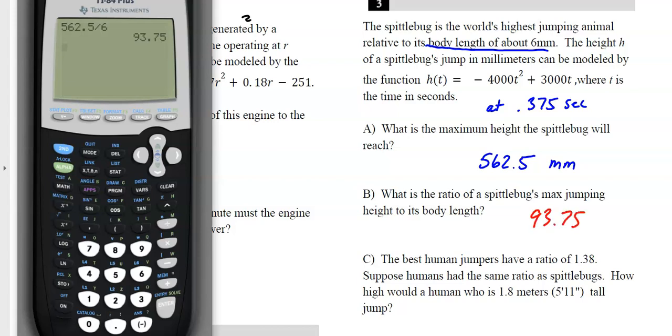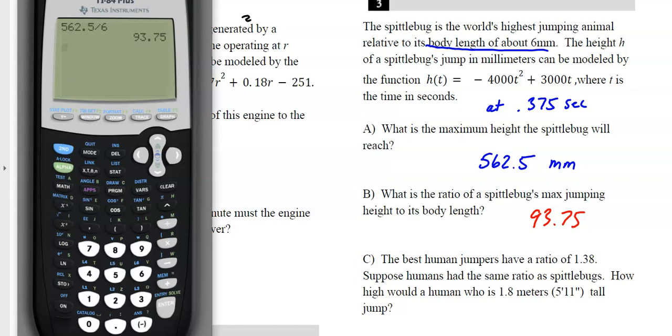So if a human could do that, if I'm 6 feet tall, I'm not, I'm like 5'11". But if I could jump like that, so it says in the bottom one, the best human jumpers have a ratio of 1.38, meaning the best jumpers we have can jump at a height 1.38 times their height.